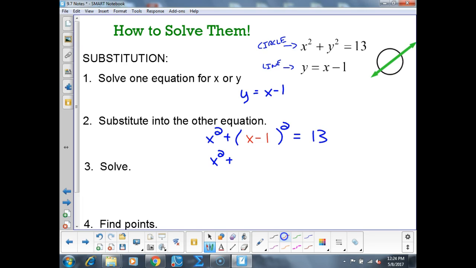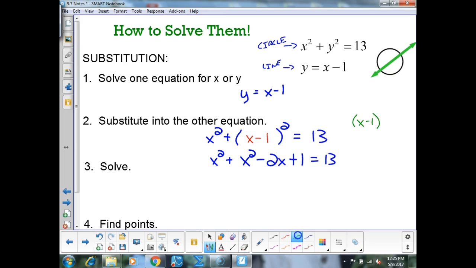X squared, minus 2x plus 1. By now, you should be able to do x minus 1 times x minus 1 in your brain.